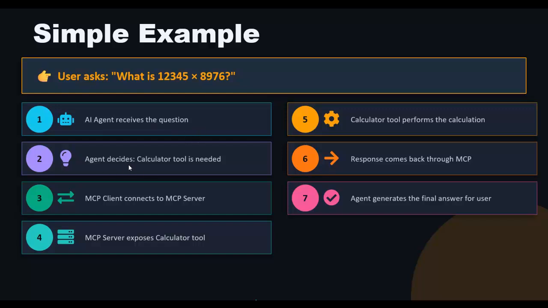Second, the agent decides the calculator tool is to be used, as per the question asked by the user. Now, the MCP client connects to the MCP server. Now, the MCP server exposes the calculator tool. Now, the calculator tool performs the calculation of this question, and the response comes back through MCP. And finally, the agent generates the final answer for the user, right? So this is the complete flow.